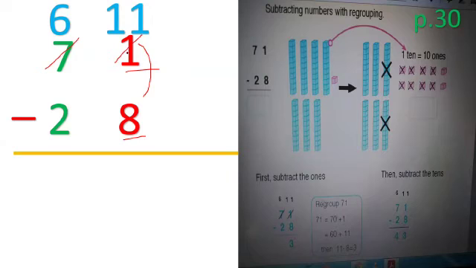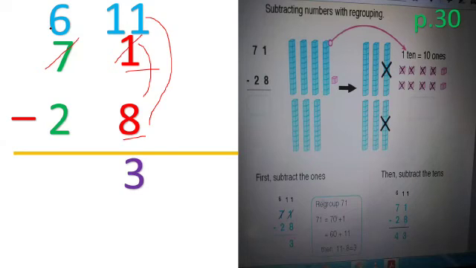Now we are going to subtract 11 minus 8 to get what? Excellent, 3. So 11 minus 8 equals 3.